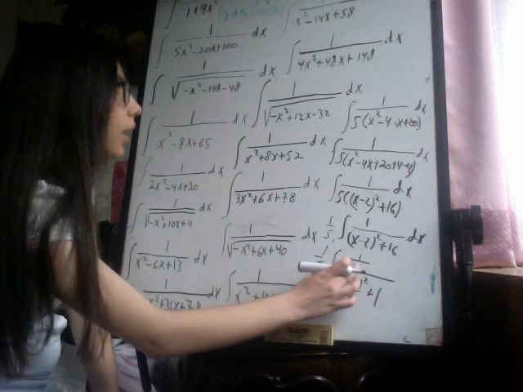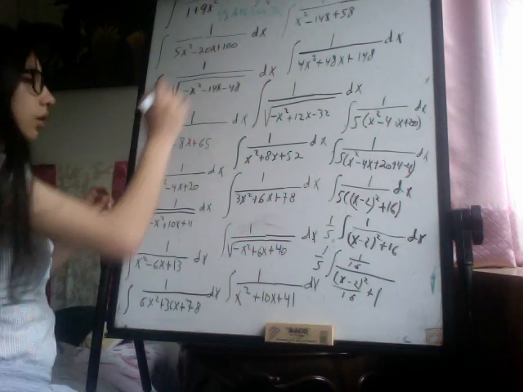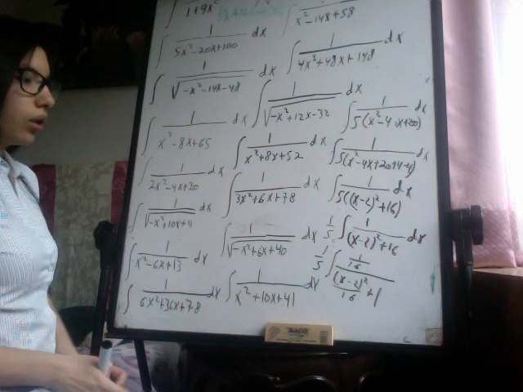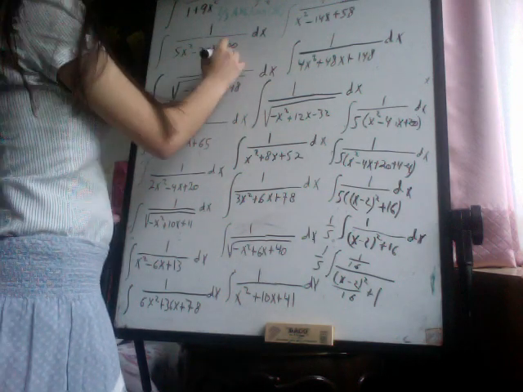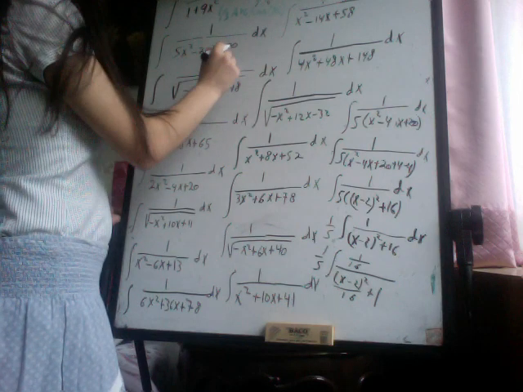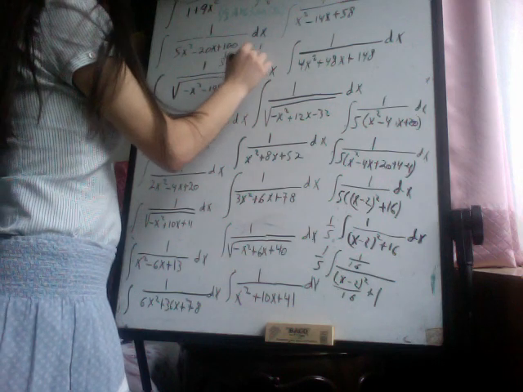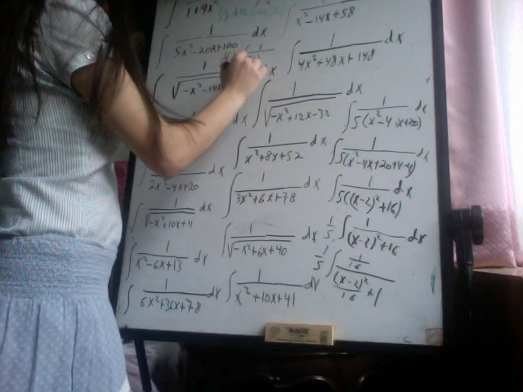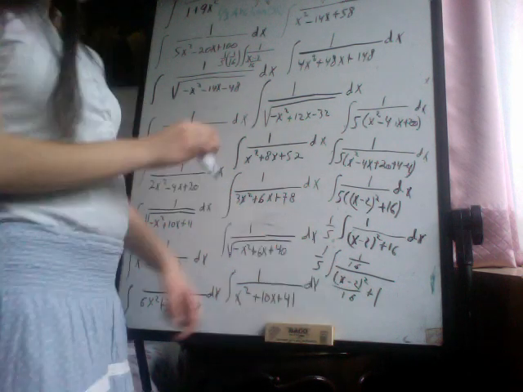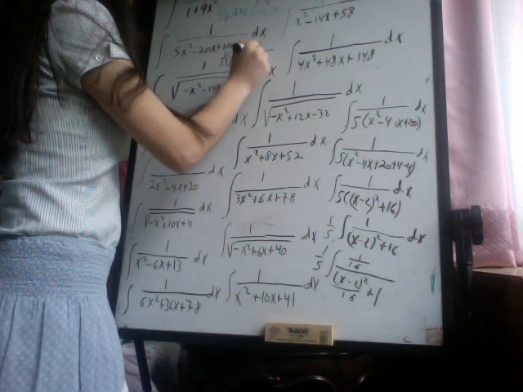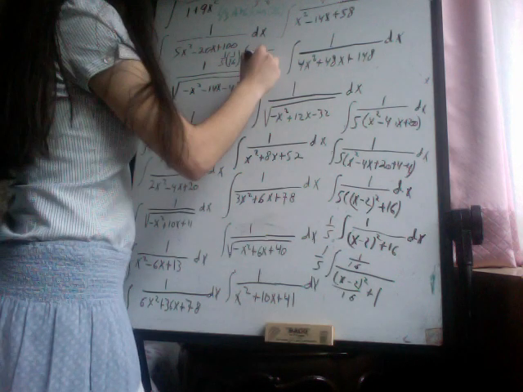Now this part I can take out of the integral and it will be 1 over 16. So I will have 1/5 times 1 over 16 times the integral of 1 divided by x minus 2 squared over 16, which is the same as x minus 2 over 4, all this squared, plus 1 dx.